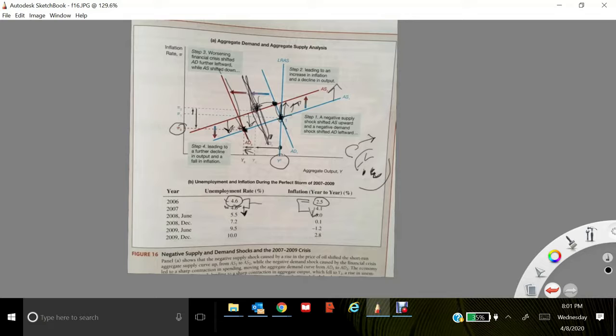And then here we have a big increase in unemployment, a big fall in output, all the way from here down to here, and a fall in inflation, from this level here, I think there was a 5.0 here, to around 0, and then actually negative.